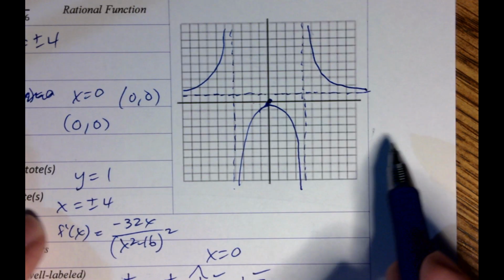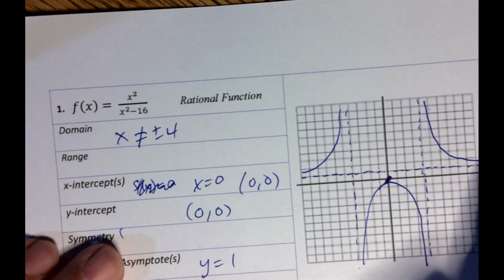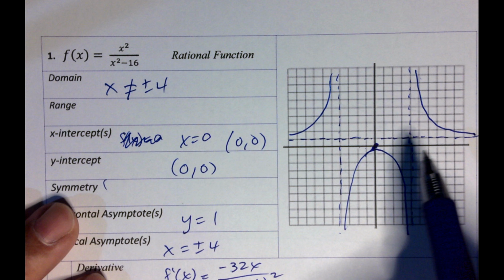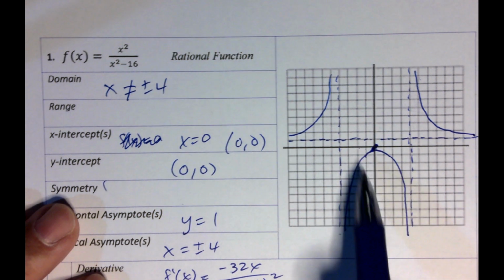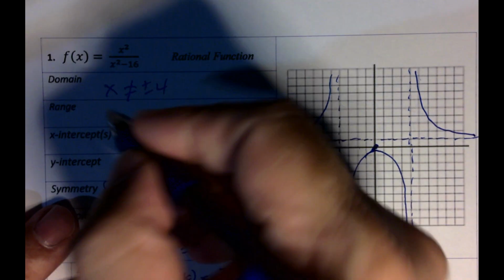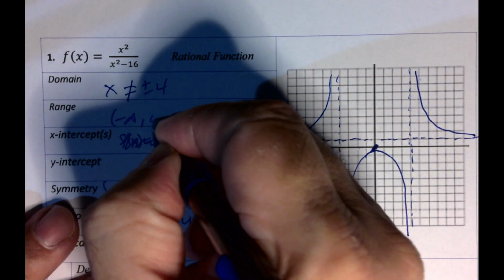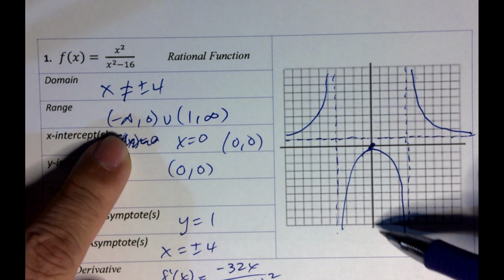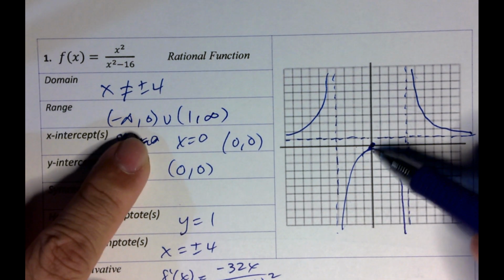All right. Now, what was the range? Remember we said we're going to do the range last? And when we say last, we mean even after graphing it. All right. So the range is, it goes as high as 0, but then it breaks off until you hit 1. So the range is negative infinity to 0, and then 1 to positive infinity. So this is how low you go up to here, and then from 1 up.